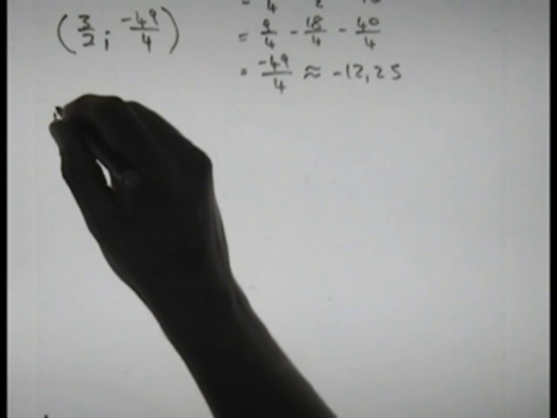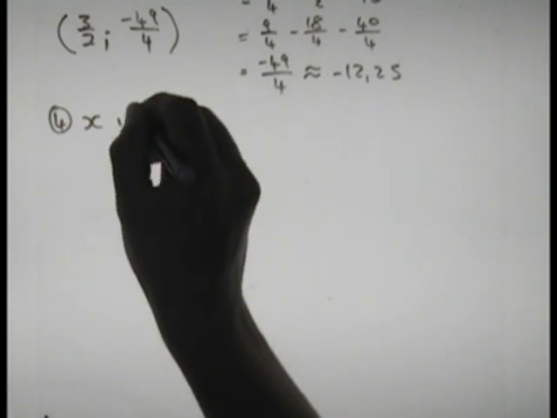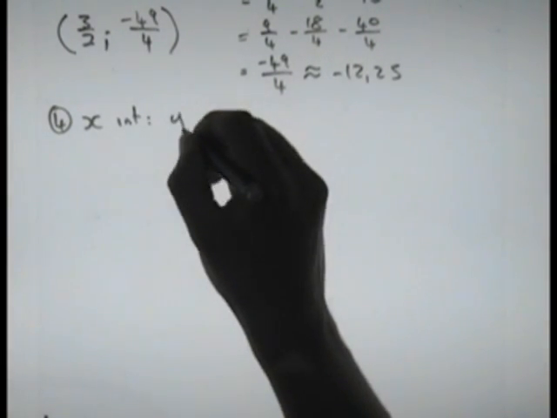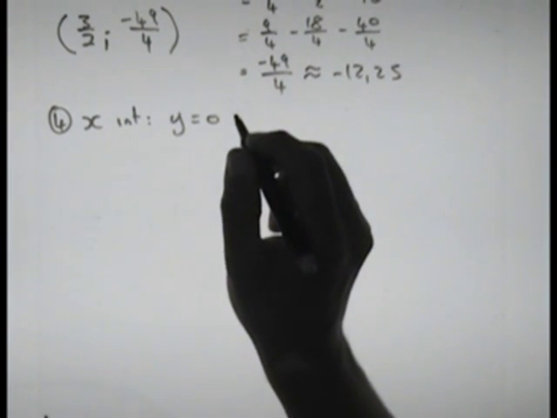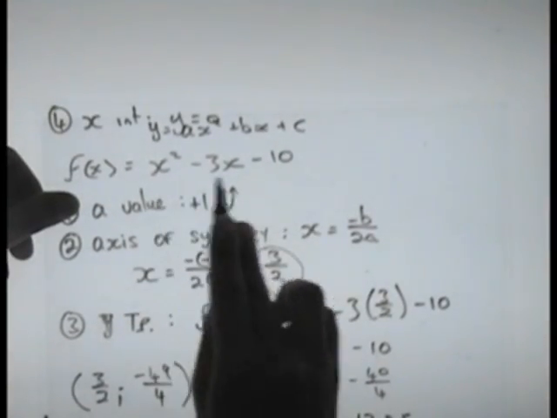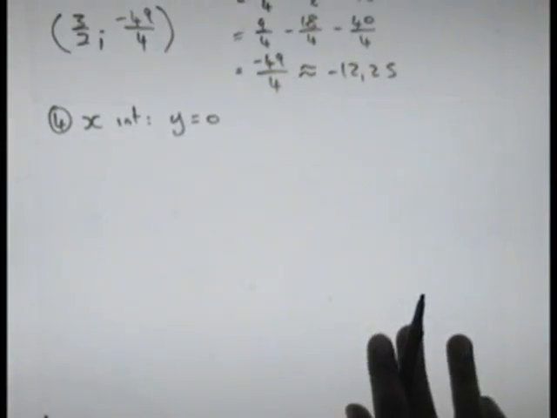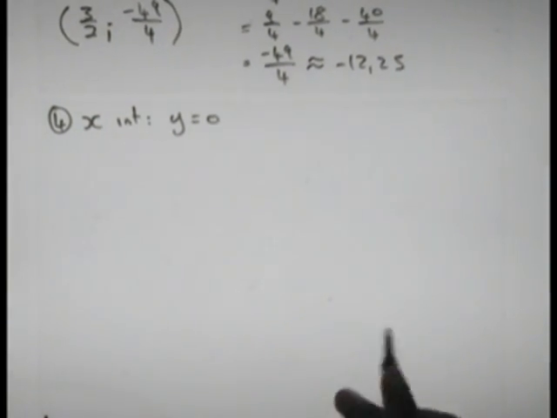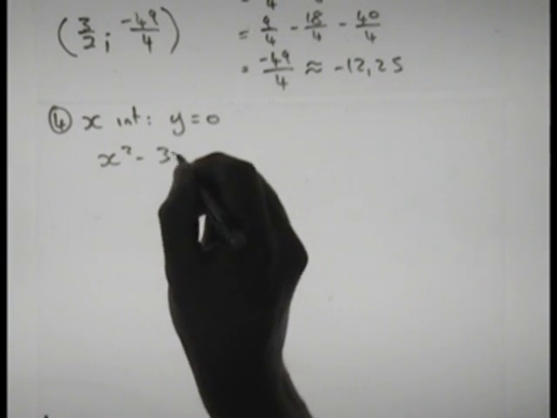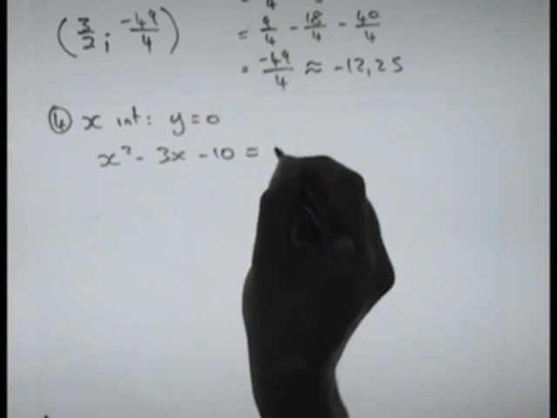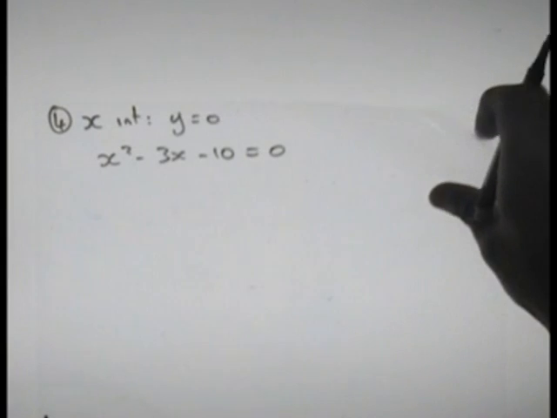Step 4, I look for my x-intercepts. X-intercepts happen when y is equal to 0. That means that that whole thing is going to equal 0. That means that x squared minus 3x minus 10 is going to equal 0.